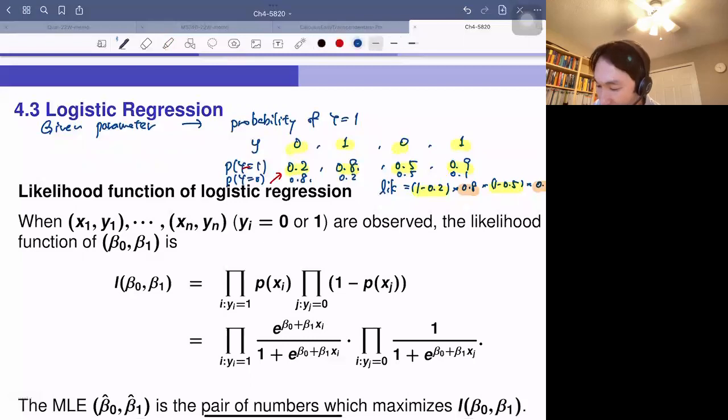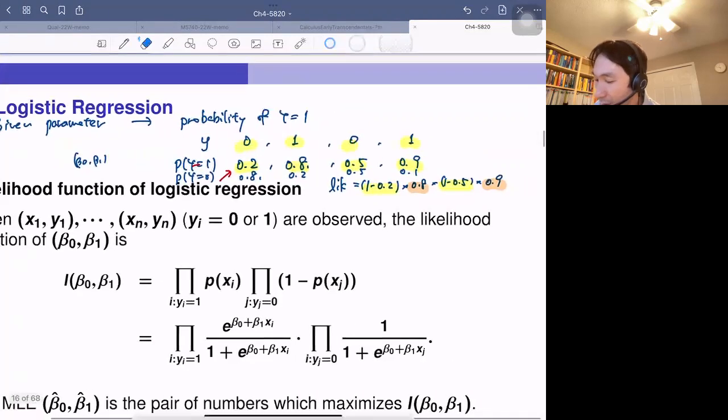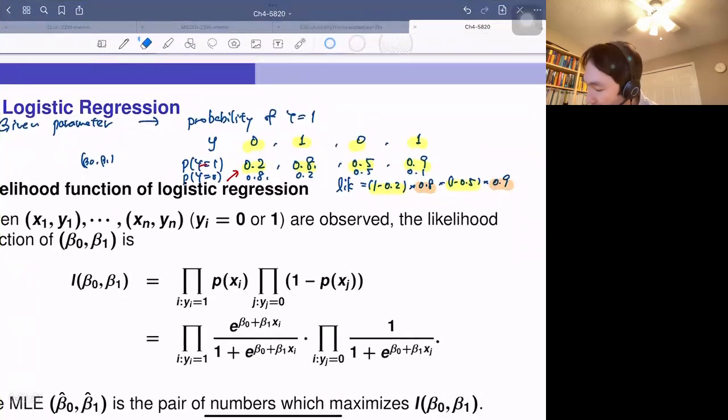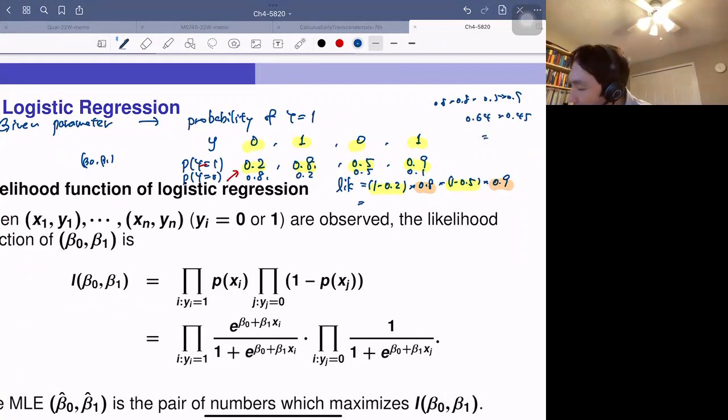So for each pair of beta naught and beta 1, we can calculate these probabilities, then the likelihood. Here it is 0.8 times 0.8 times 0.5 times 0.9, so 0.64 times 0.45, which is approximately 0.286.